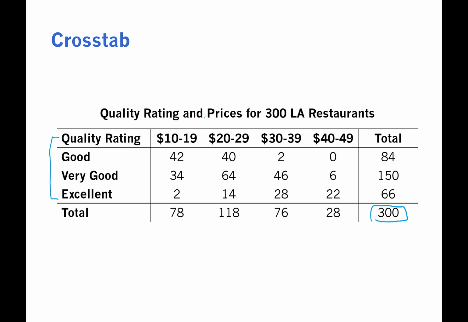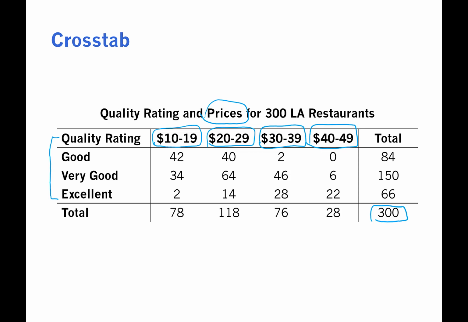And then price, which is my other variable, is actually a quantitative variable. But we have classified that quantitative variable into four classes: 10 to 19, 20 to 29, 30 to 39, and 40 to $49. And that's going to present how pricey the meals are at these restaurants.